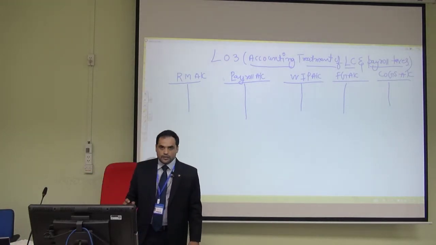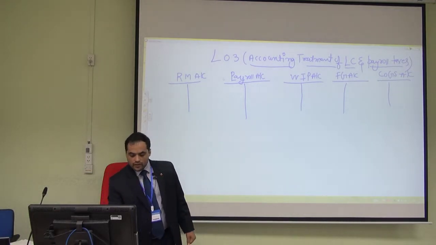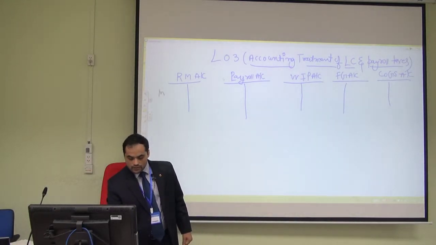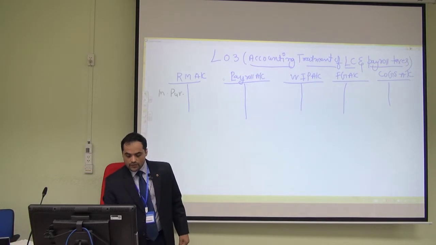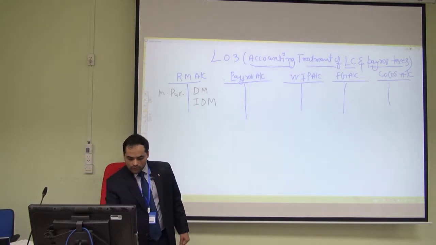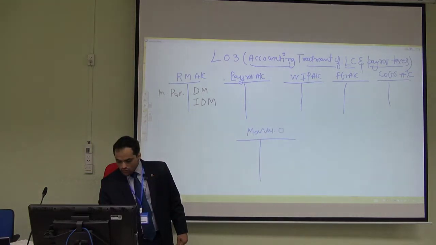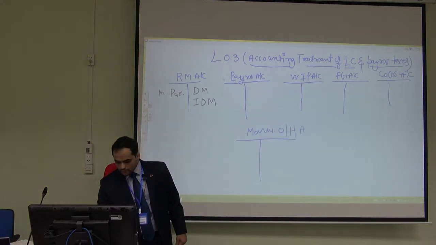In raw material, we have material purchase. One more account I forgot to write here is the manufacturing overhead account.